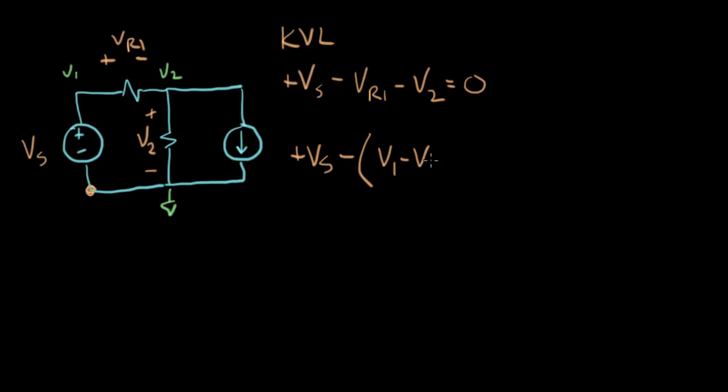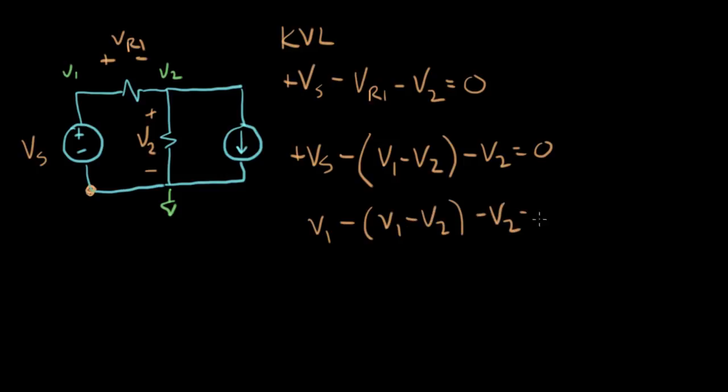V1 minus V2 minus V2 equals 0. And we'll just do one more substitution. I forgot, Vs and V1 are the same voltage. So this is actually V1 minus V1 minus V2 minus V2 equals 0.